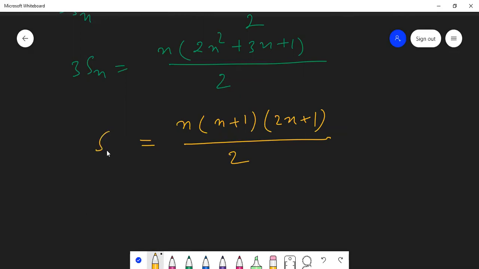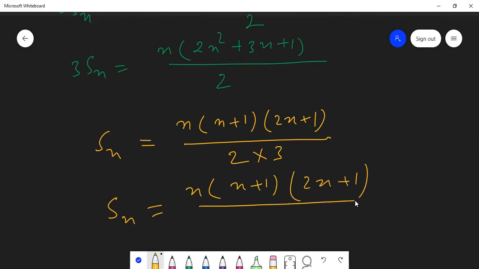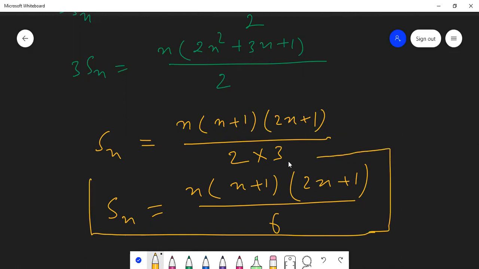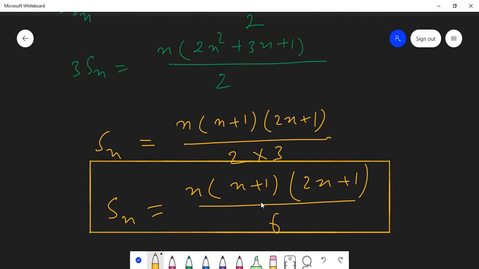So if I have to find Sn, the 3 will come in denominator here. So I get finally Sn is equal to n times n plus 1 times 2n plus 1 divided by 6. So this was the sum of squares of n natural numbers. This is what we were interested in.